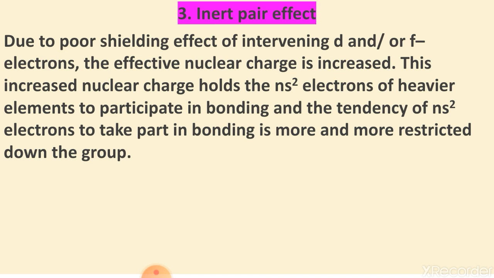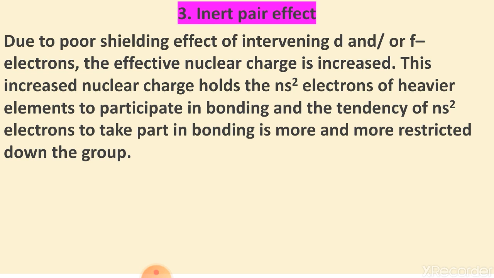Here, due to the inert pair effect, the lower oxidation state, which is 2 units less than the higher oxidation state, becomes more and more stable than the higher oxidation state. That means down the group, the stability of the higher oxidation state decreases, but the stability of the lower oxidation state increases.